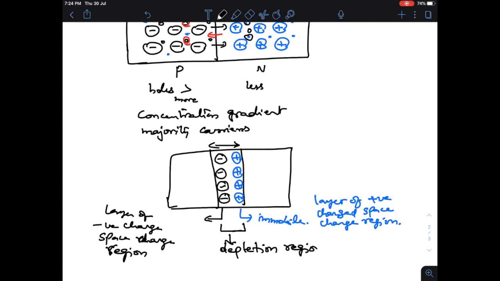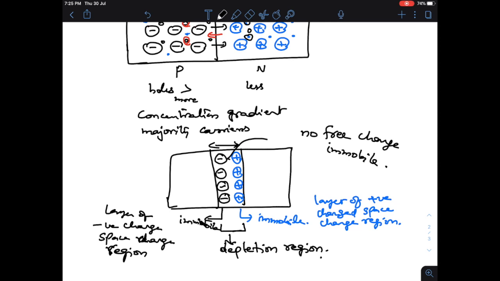What do we mean by depletion? Emptied. There are no free charges, and these ions, acceptor and donor impurity ions, are immobile. So you have a separation between the positively charged layer and the negatively charged layer, and this will form a depletion region.